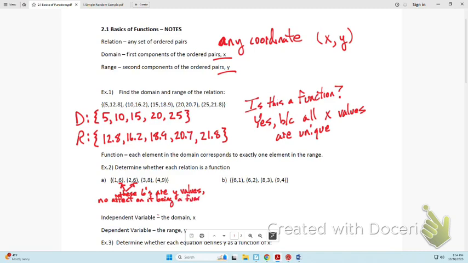So that's a side note. You don't have to write that. The answer is yes. No x values are repeated.